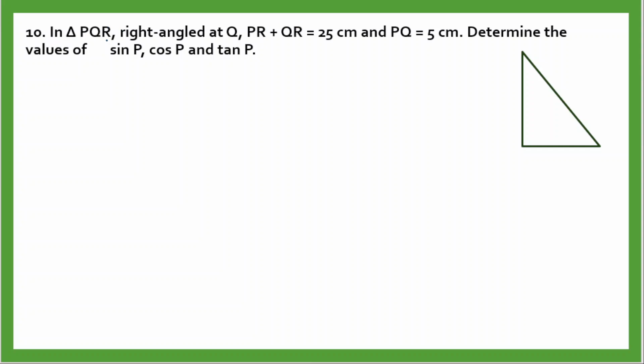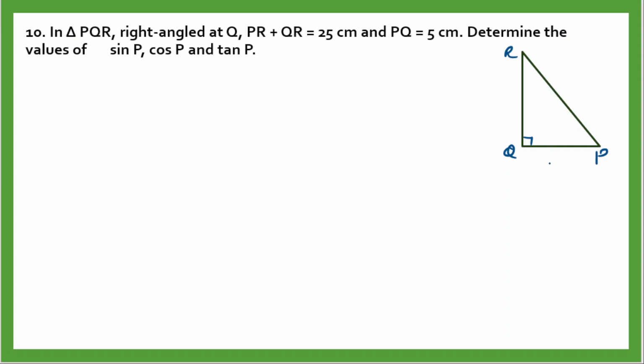In triangle PQR, right angled at Q. So let this be Q, P and R. PR plus QR is equals to 25 centimeter given.